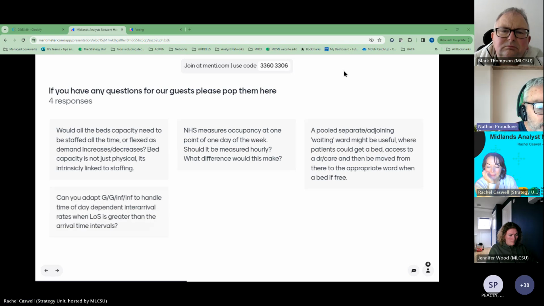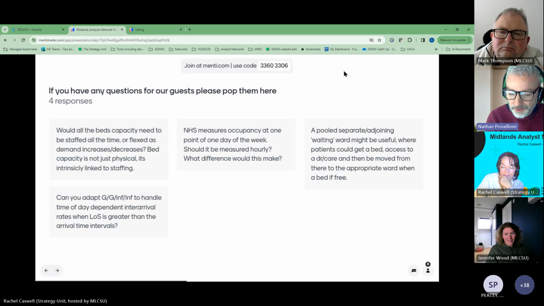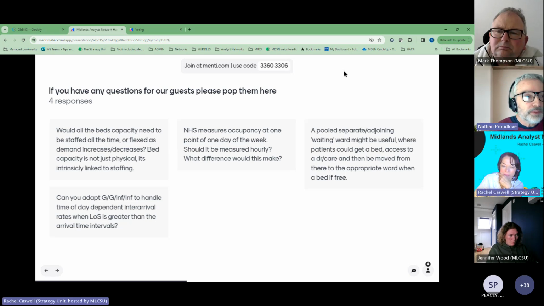Absolutely. Occupancy, one point of the week: is it still midnight on Thursday? That was the tradition. So yes, we did a lot of work around that, and there's some nice work showing how the regular cycles over the course of the week impact on them and how you should extrapolate from the Thursday midnight figure. And that's another type of variation, of course, which is not random but systematic.